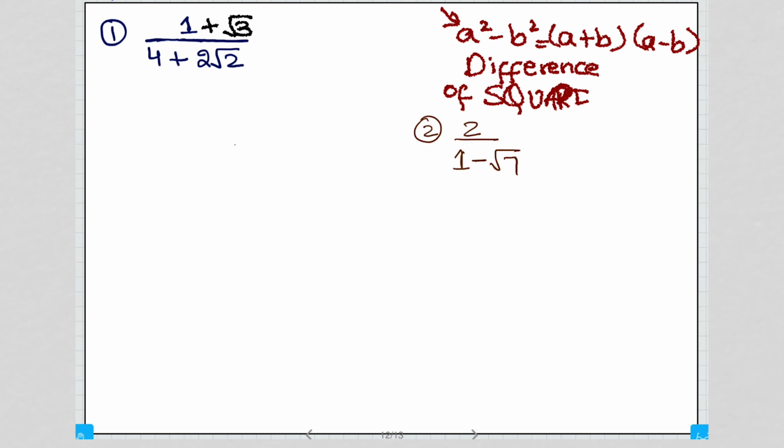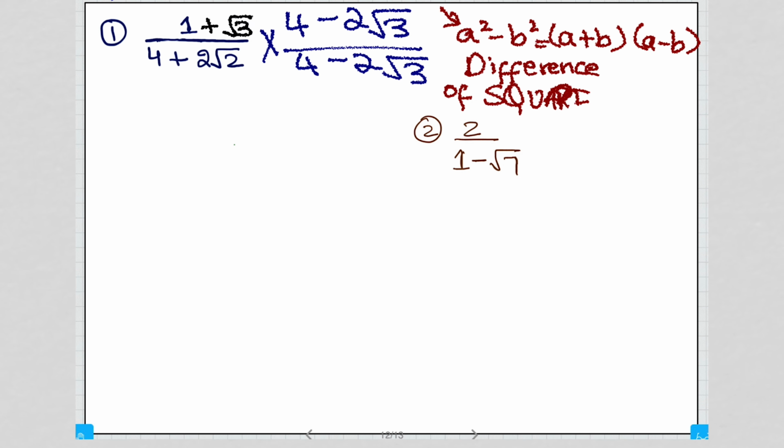In this question, 1 plus root 3 over 4 plus 2 root 3. The first step is you put a multiplication sign. You multiply the denominator to the top and bottom, and then you change the sign. It was plus, but now we have minus: 4 minus 2 root 3.